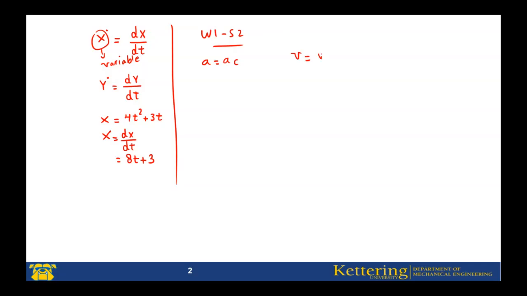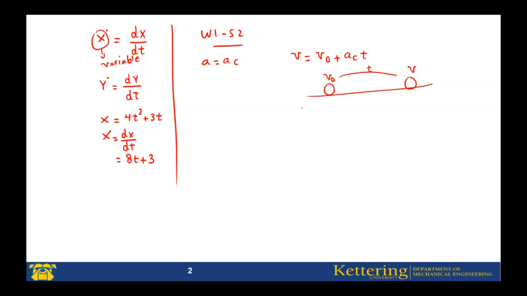V equals initial velocity plus constant acceleration multiplied by time. Why do we need this equation, for example, for rectilinear motion? A particle moves with initial velocity during the time with constant acceleration. We can find the final velocity of the particle or of the body. You know this one, or from physics also.